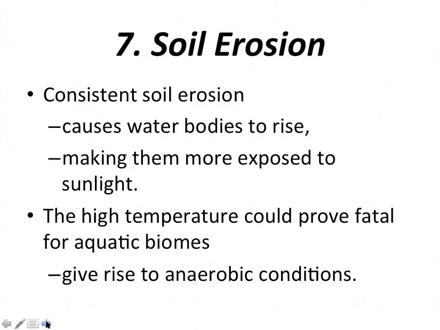The major cause of thermal pollution is soil erosion. As we are all aware, soil erosion is the displacement of the upper layer of the soil. It is one form of soil degradation.